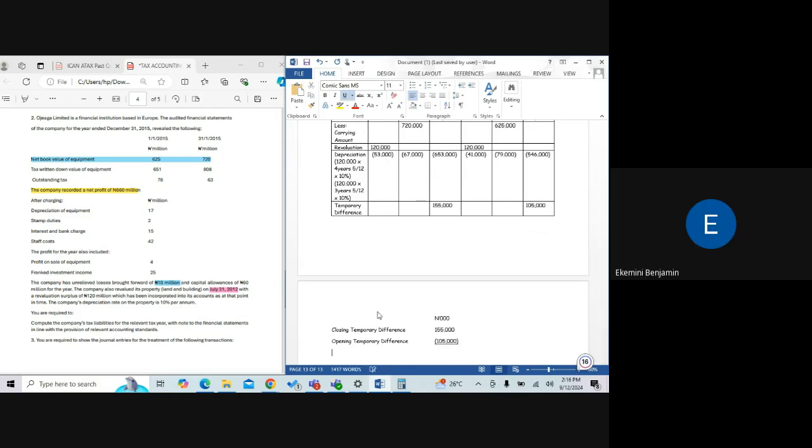No, sir, we are not. Do you understand this 155,000? Do you understand it to this stage? Do you understand how I got the temporary difference? 155, and 105.